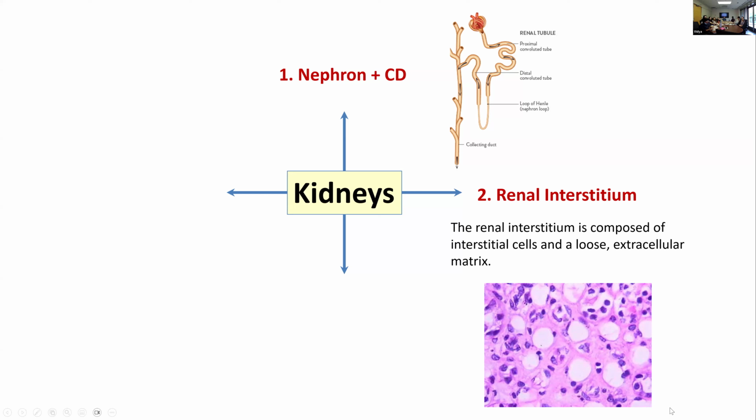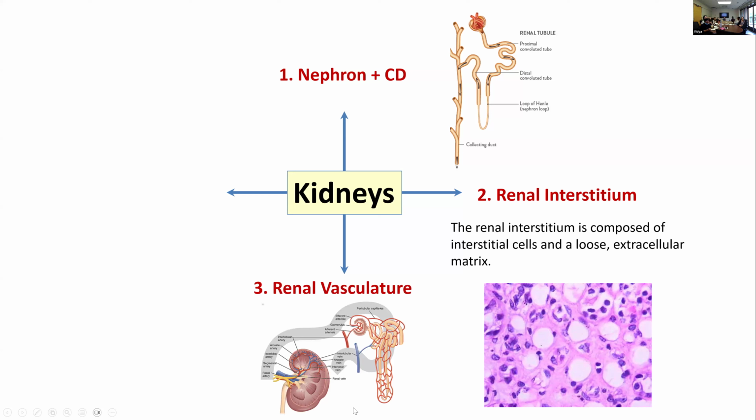The renal interstitium also serves as an extracellular matrix, and has lots of cells like fibroblasts, macrophages, immune cells, dendritic cells, etc. And the kidney is a highly vascularized organ because it's very important for removing waste products and also for reabsorption.